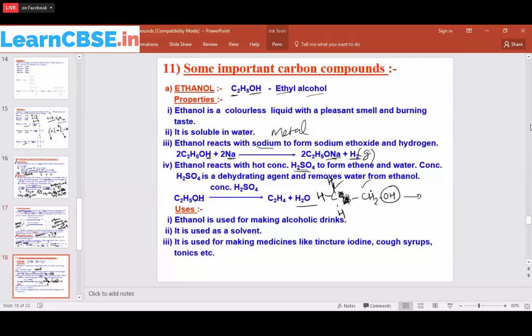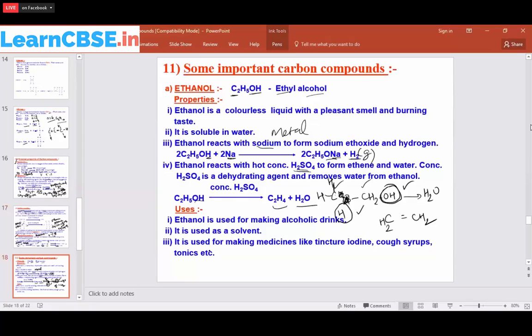So this carbon will give you the OH and this carbon will give you the OH. So H and the OH will form the water molecule. And remaining thing is here CH2 double bond CH2. So like this we have to write it. So concentrated H2SO4 can remove the water from the compound. It forms the ethene. So alcohol will be converted into the ethene plus water.